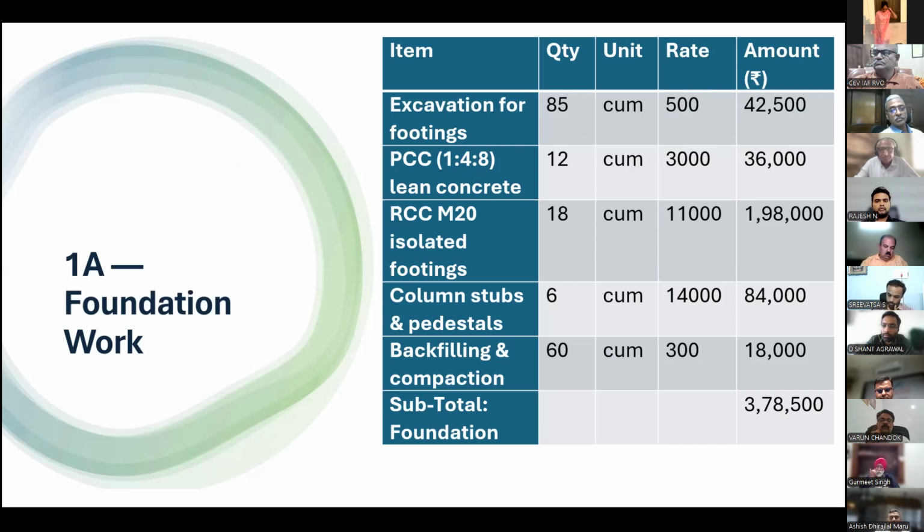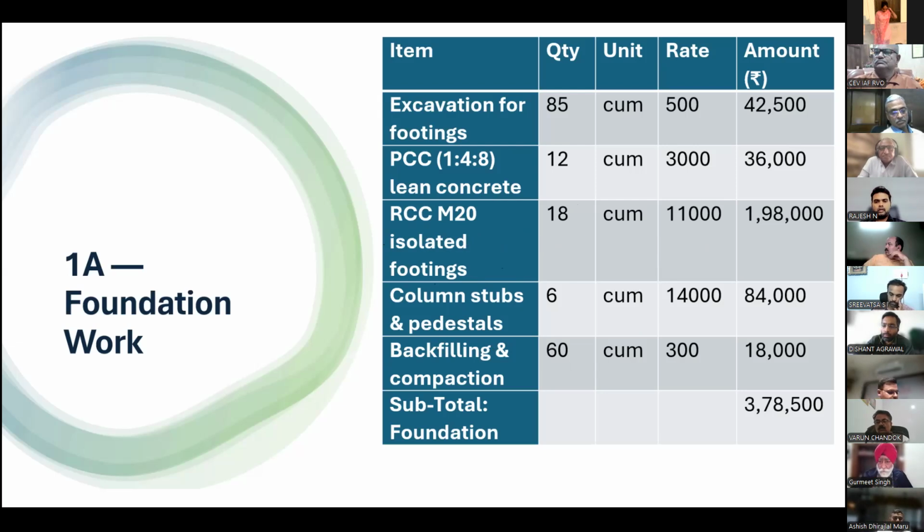Then plain cement concrete 1:4:8, lean concrete, which is used in the footing. Quantity is 12 cubic meter, rate is 3,000 per cubic meter, 36,000. Then RCC in isolated footings. Quantity is 18 cubic meter, rate is 11,000 per cubic meter, value is 1,98,000.